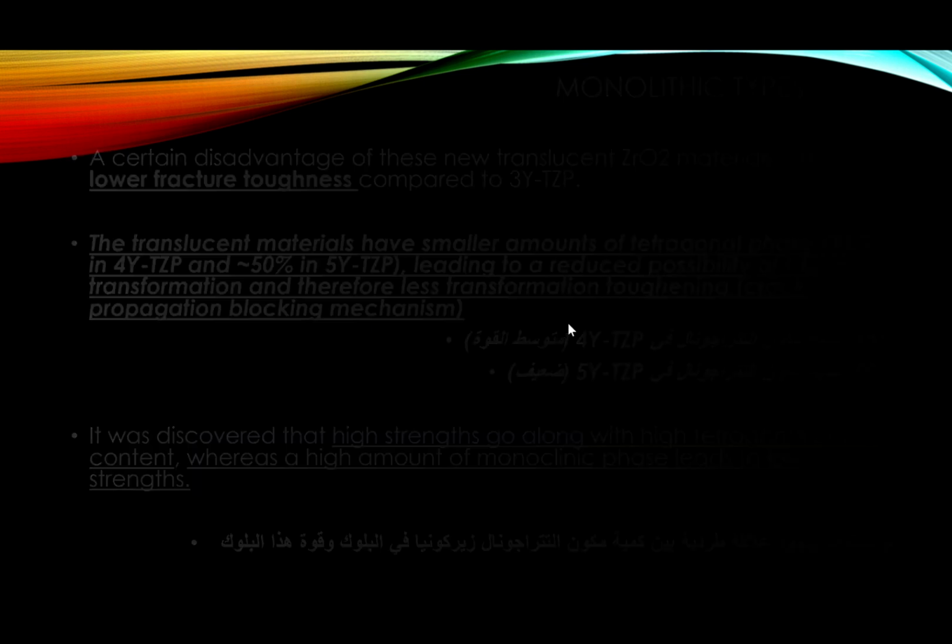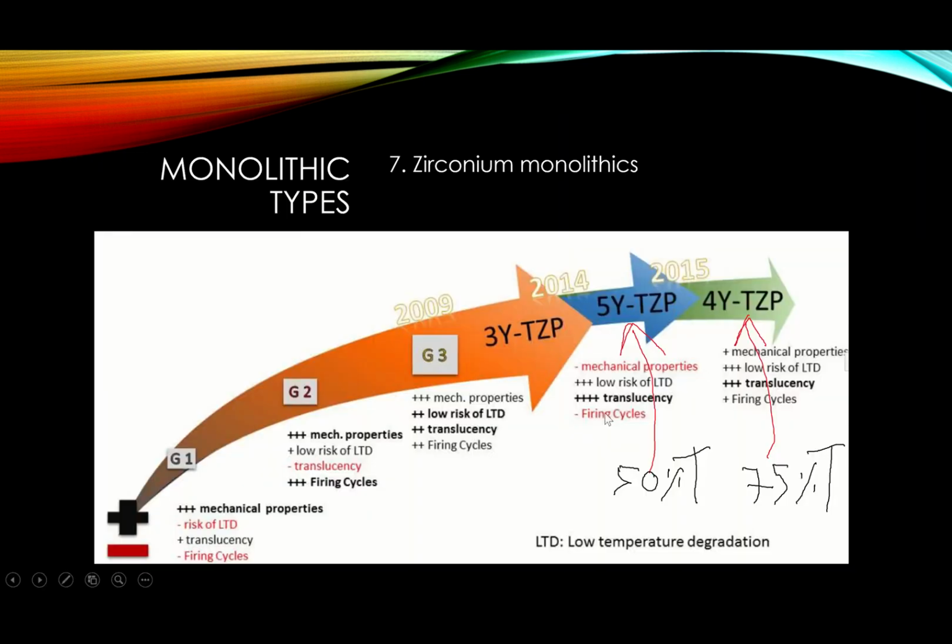But for now, I want to lead you to this illustration again. We looked at that. We said that these are the generations of the zirconia. But I want to show you that here in the 5-yttrium stabilized zirconia, they reduced the amount of tetragonal to 50%. All right, and they increased the yttrium content, and I would assume that they increased the cubic content as well.